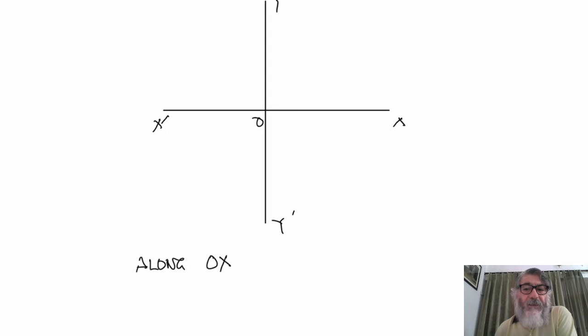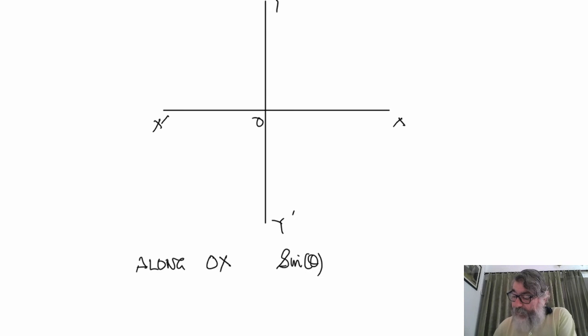So along OX, sine theta is 0. Sine comes in tan theta as well, because tan theta is sine theta upon cos theta.